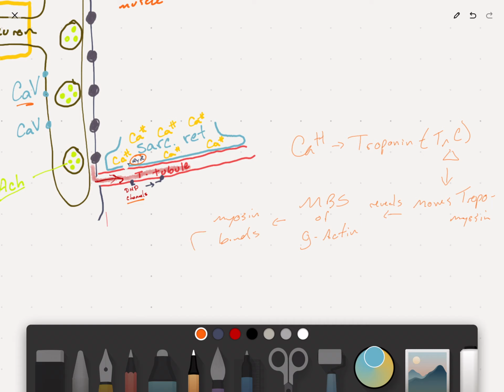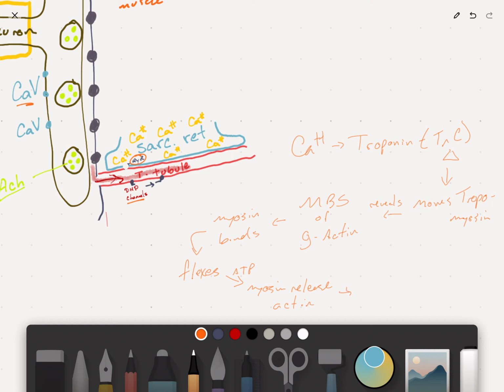When myosin binds to actin, it changes in configuration to where it flexes, causing a shortening of the sarcomere. And when this happens billions and billions of times over, you get muscle flexion. So that's this whole reaction. Then ATP has to come in and cause myosin to release actin.